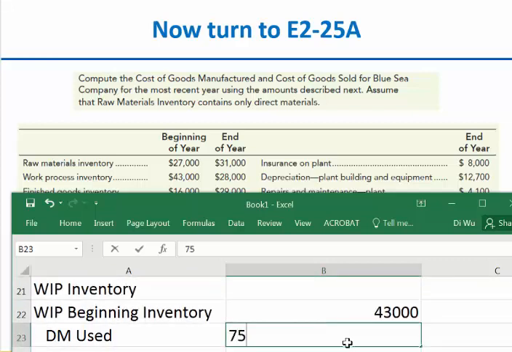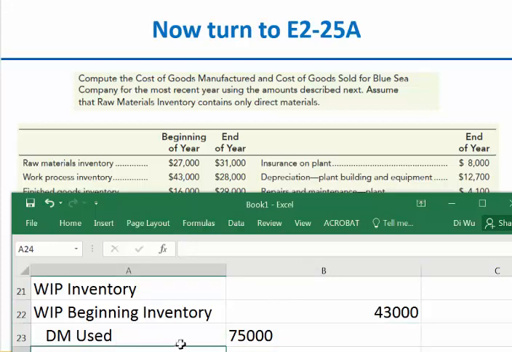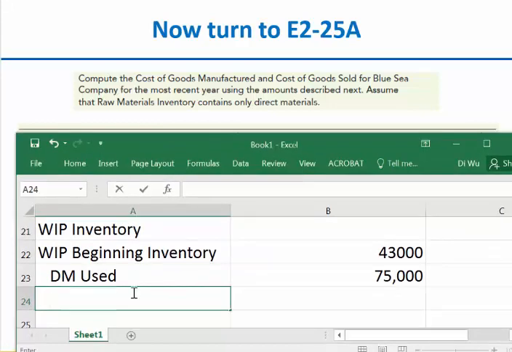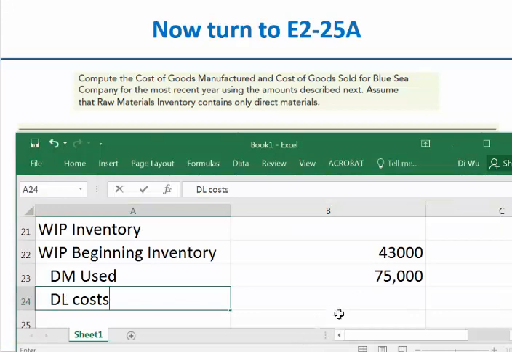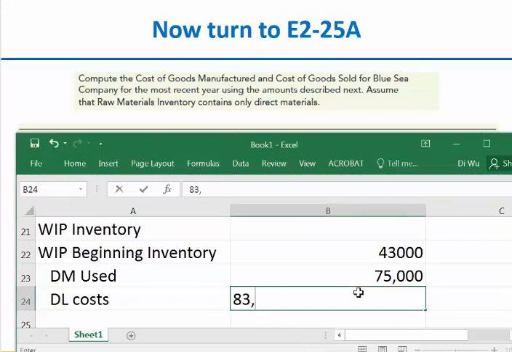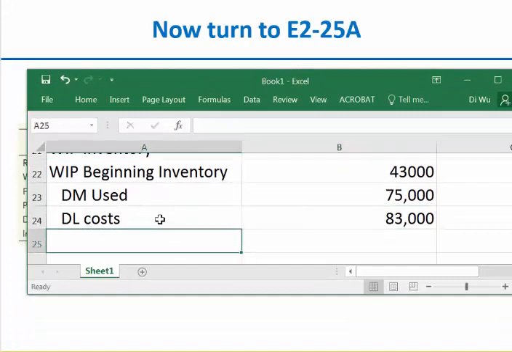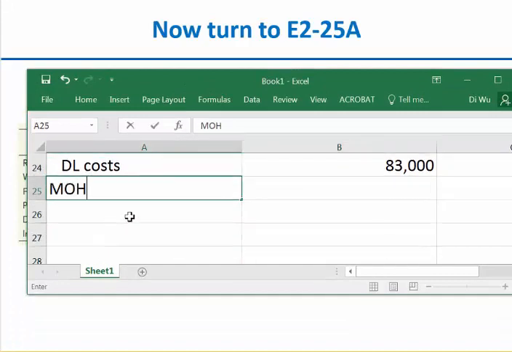So I will put the 75,000 here. So next I have the direct labor cost. That's also given, which is 83,000. So I'm going to put the 83,000 right there. Then next I need to find the manufacturing overhead.